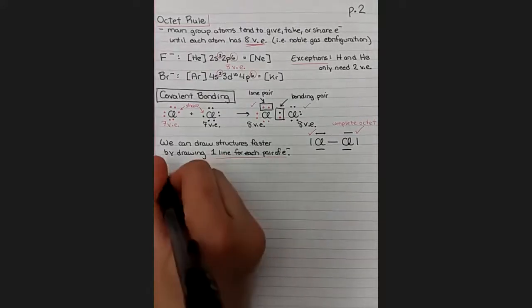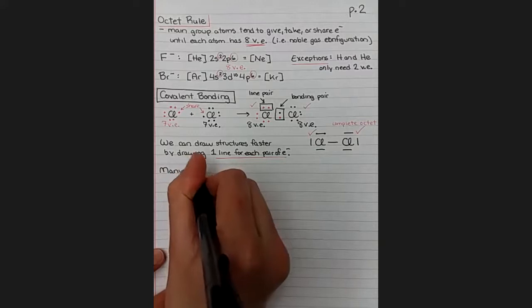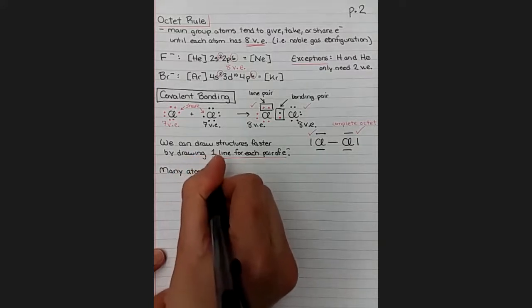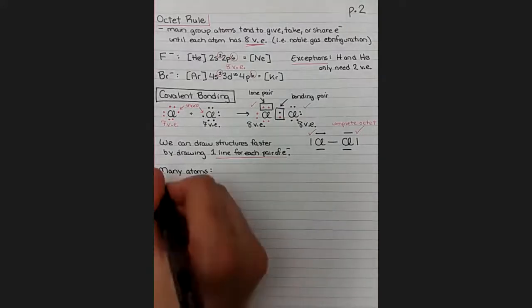Let's make this a little bit harder. Let's put more atoms in our molecule, because sometimes there are more than 2 atoms in a particular structure.